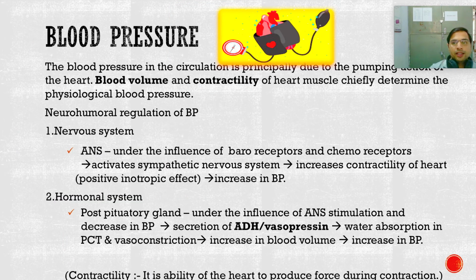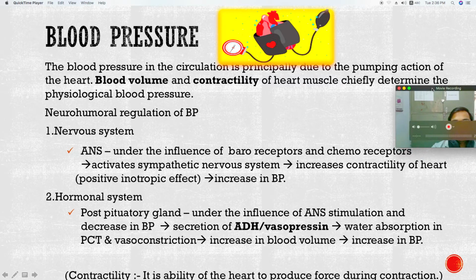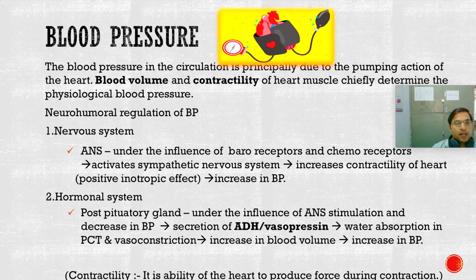So now the next physiology to understand is blood pressure. We know that the heart is a pumping organ and it pumps the blood with a force, and that force is monitored as blood pressure. Blood pressure is because of the pumping action of the heart, and it basically depends on two things: one, blood volume, and second, contractility of the heart muscle.